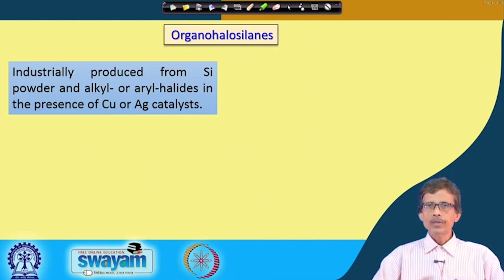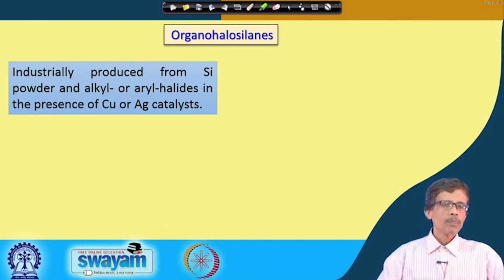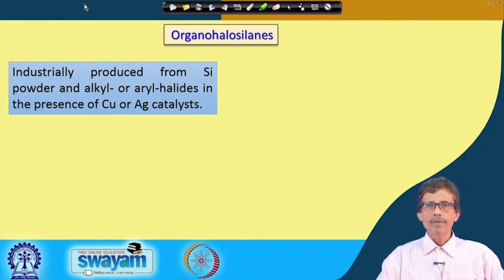Chlorobenzene is a liquid, and it can be reacted with the silicon center such that the corresponding insertion reaction takes place into the carbon-halogen bond, or carbon-X bond. In the presence of a copper and silver catalyst, the reaction can go very smoothly.